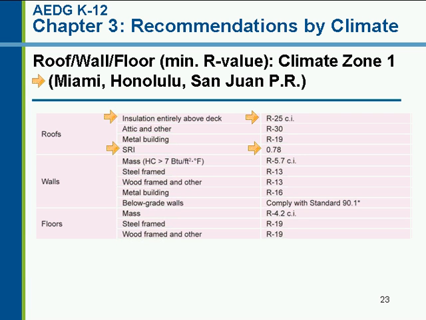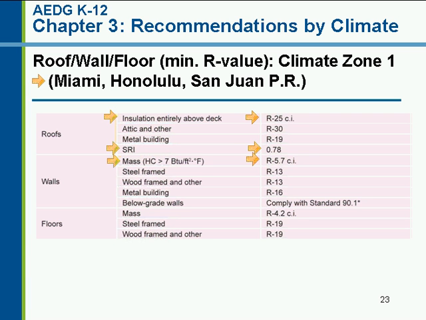In the wall category, there are 5 different types. There's a mass wall, so this is typically going to be a masonry block wall. It has heat capacity greater than 7, so this will not include categories where people are doing face bricks, say, on a steel stud wall or a wood frame wall. This is really more a concrete block wall or concrete walls to meet that heat capacity greater than 7.